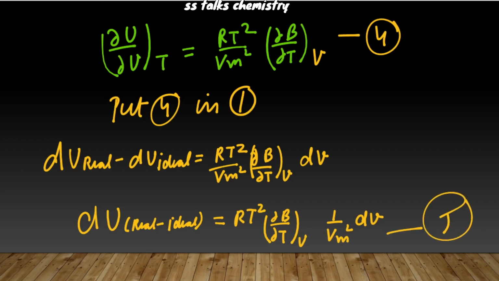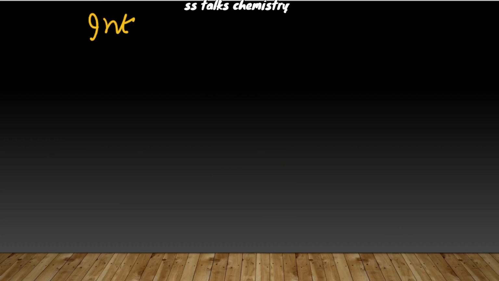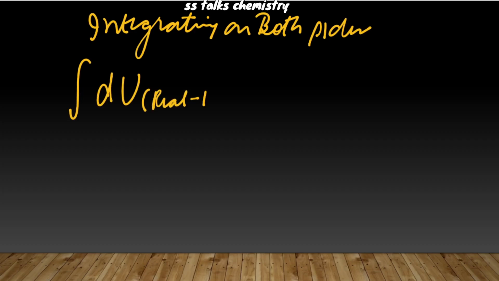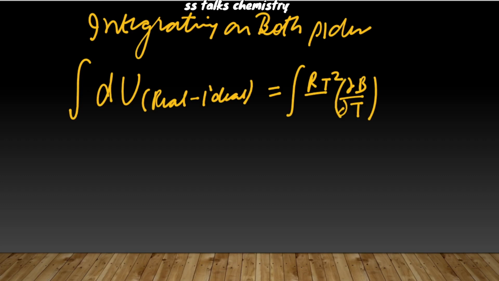So integrating on both sides, we are getting the integration of dU, internal energy for the real minus the ideal, equal to the integration of RT square into del B by del T at constant volume into dV upon the Vm square only.